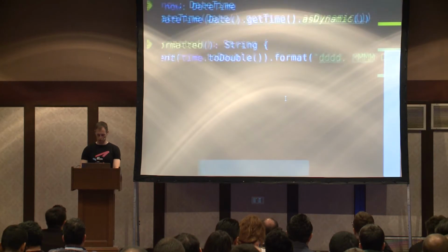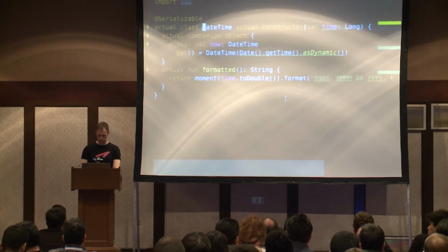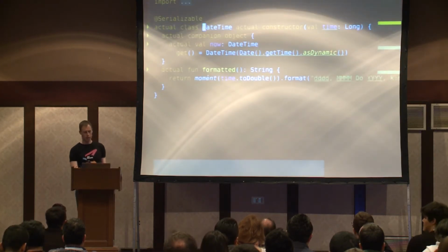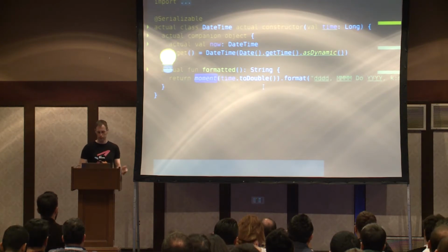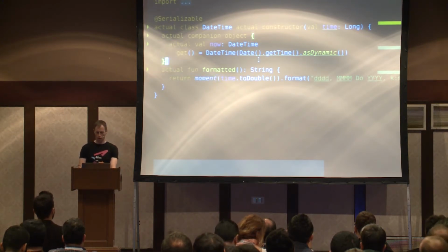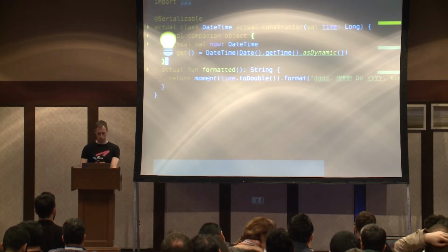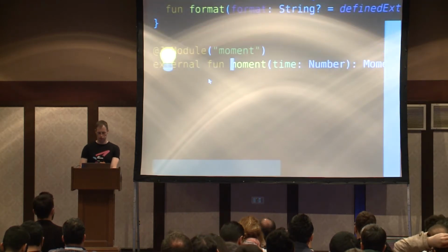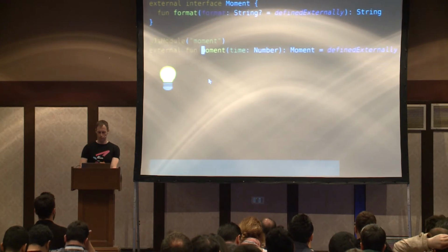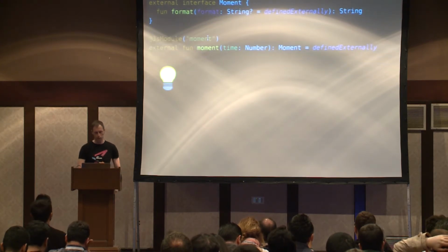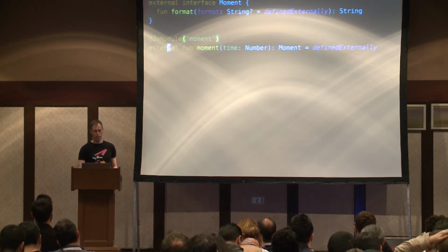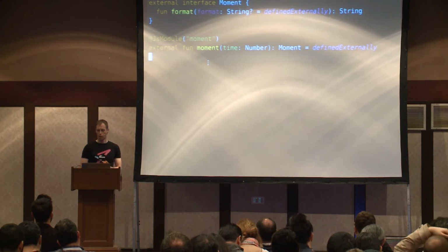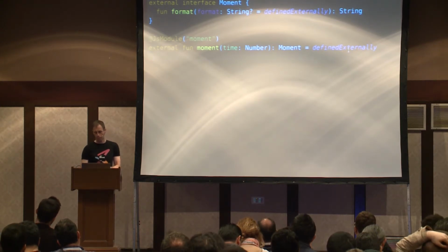Here we are on the JavaScript side, and on the JavaScript side we use the moment library to deal with dates and times. Here we can navigate to moment. This is a simple declaration that is marked with the keyword external and defined externally.